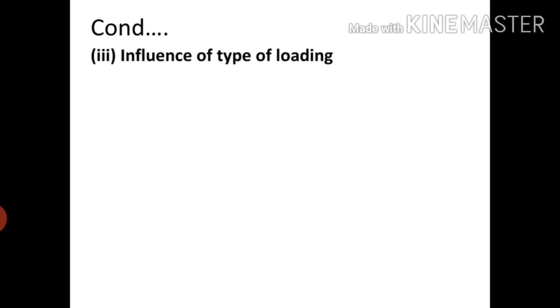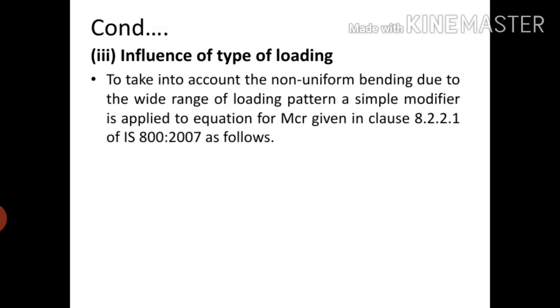The next and last one is the influence of type of loading. The type of loading also affects the lateral stability of the beam. To take into account the non-uniform bending due to the wide range of loading patterns, a simple modifier is applied to the equation for MCR given in IS 800-2007, clause 8.2.2.1, to take care of lateral buckling.